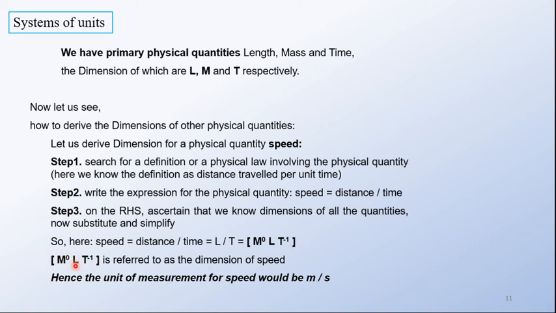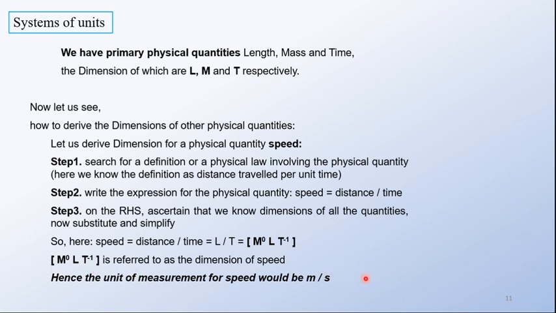So this M raised to 0, L, T raised to minus 1 put in square brackets is referred to as the dimension of speed. That is a characteristic way of writing the dimension, that is in square brackets. So hence the unit of measurement for speed would be meter per second, dimension of which is L by T.